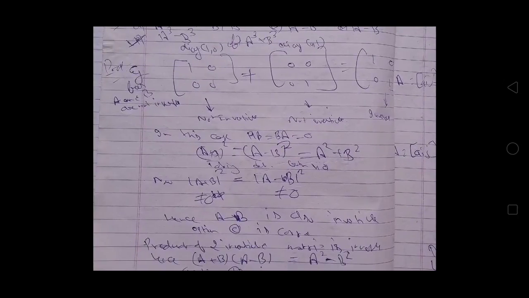Now in this case, AB is equal to BA is equal to 0. So A plus B whole square will be equal to A minus B whole square, and this will be equal to A square plus B square. Taking the determinant on both sides, we will get the second power of the determinant of A plus B, and this will be equal to the second power of the determinant of A minus B. Because we know that A plus B is invertible, it is a non-singular matrix.